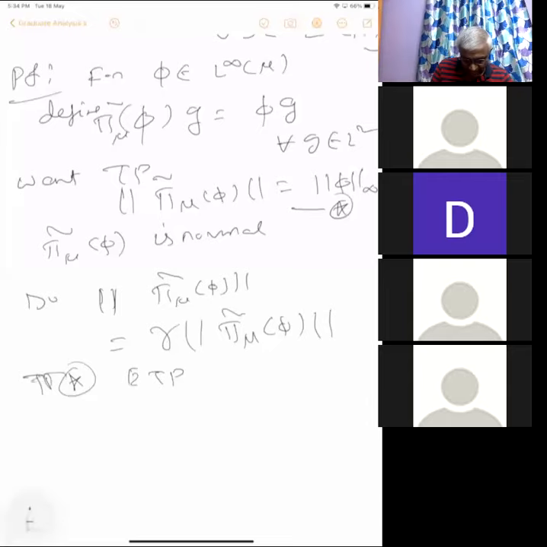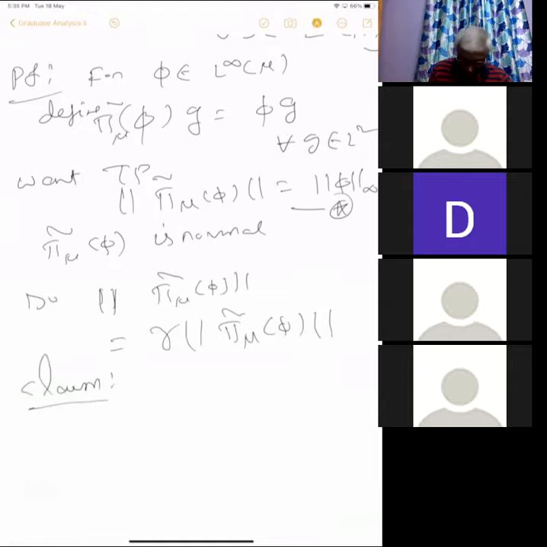See, first let us claim the following. Claim. We'll go one by one. Lambda is in the spectrum of sigma of pi mu phi.